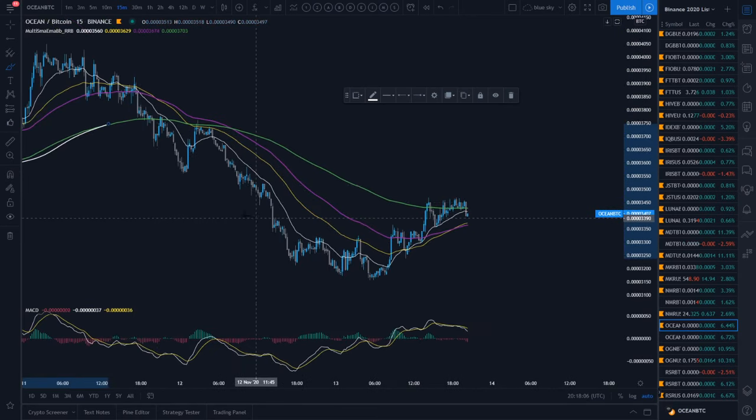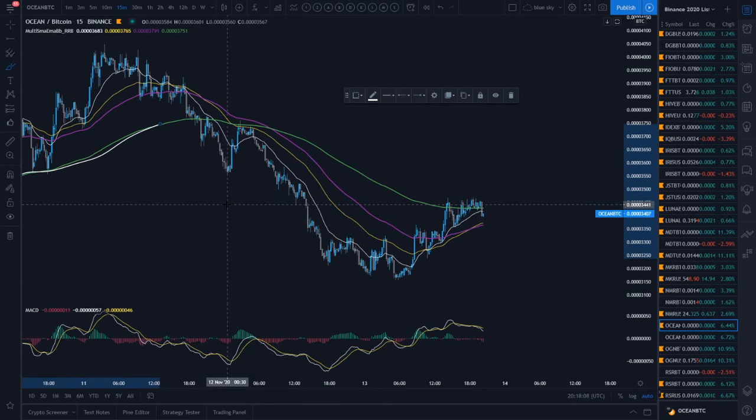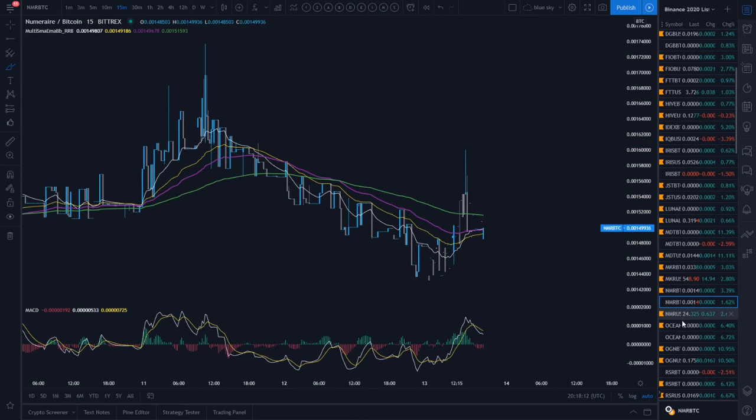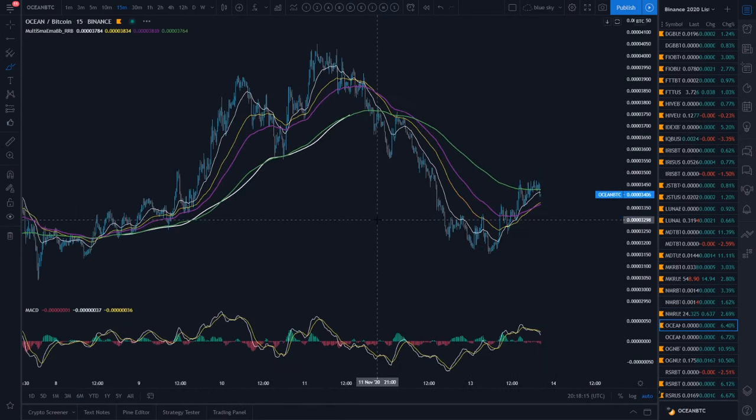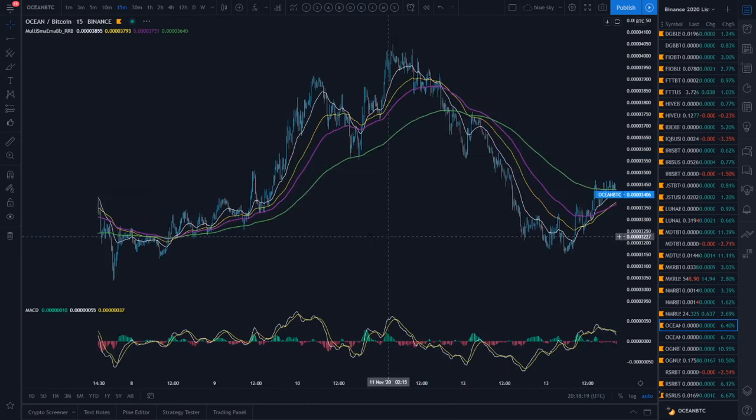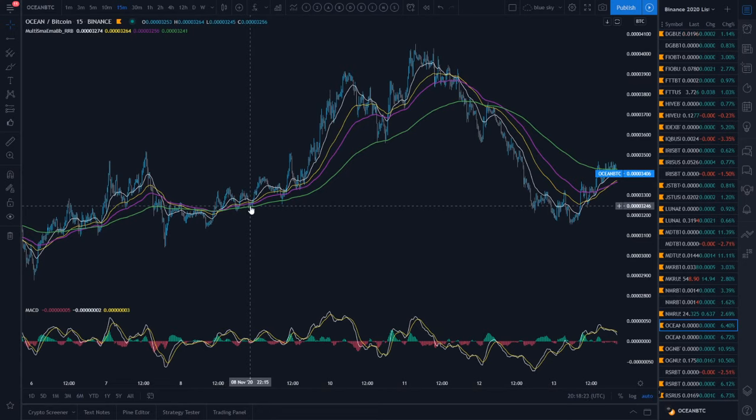So if you know these things, then you know what's going on. And yes, guys, you can buy the dips on the smaller time frame as well. You can use these EMAs in the smaller time frame. Look here, because as I told you, the EMA 55 or 50 is similar to the EMA 200 on the 15-minute time frame.